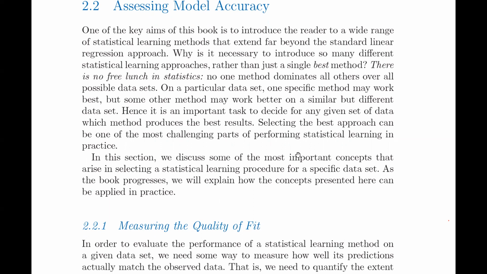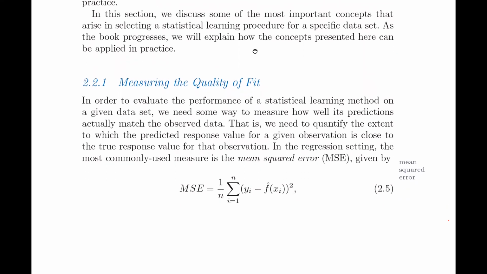In this section, we discuss some of the most important concepts, and we get one of the very few formulae that we've considered until now. As the book progresses, we will explain how the concepts presented here can be applied in practice.